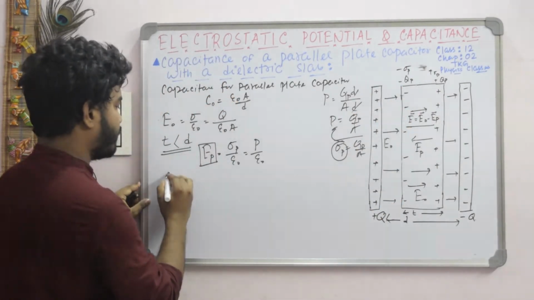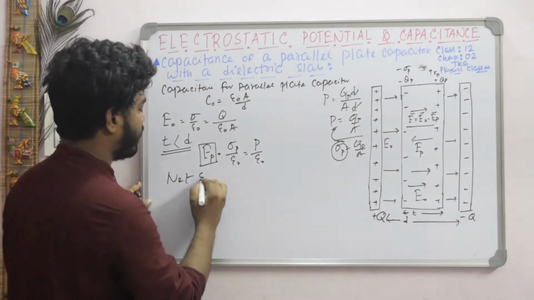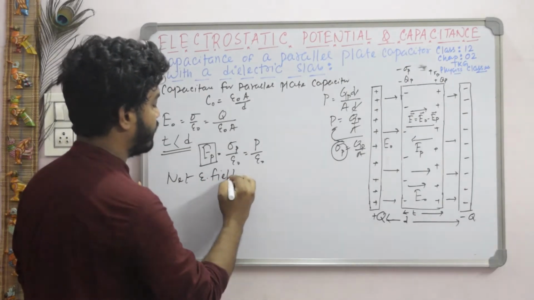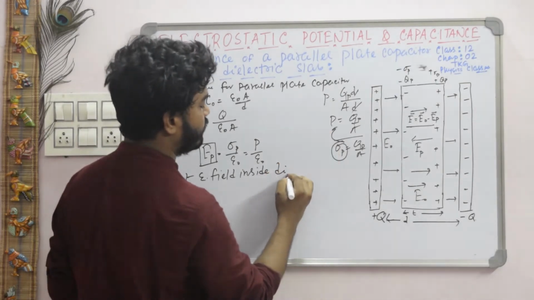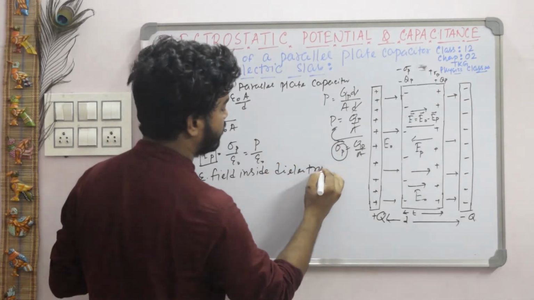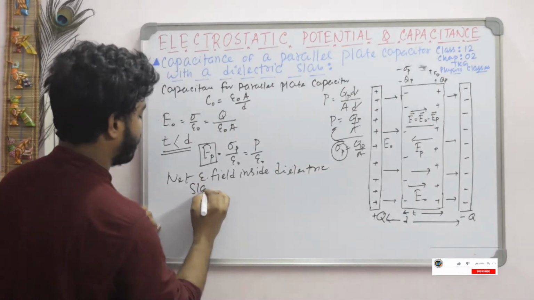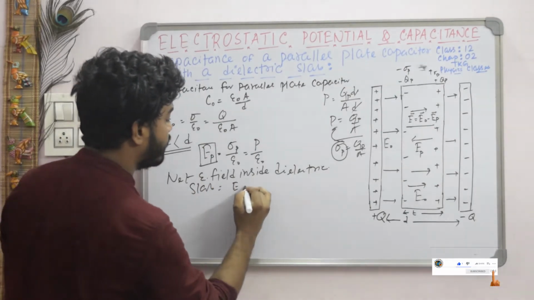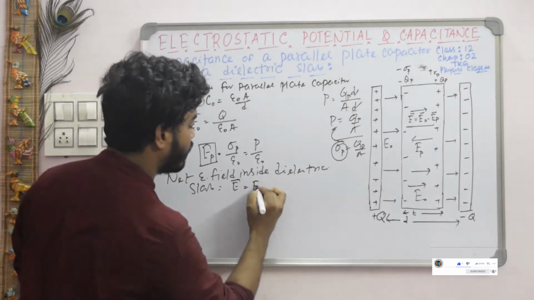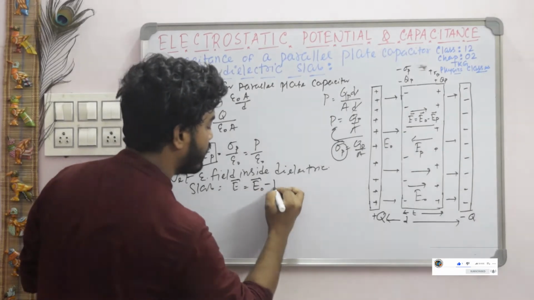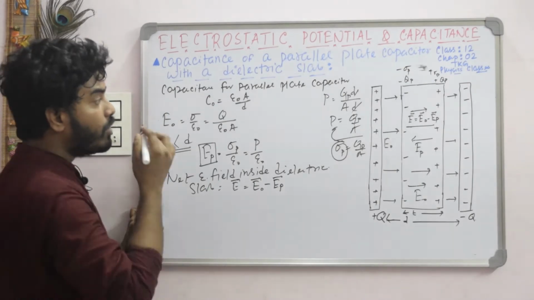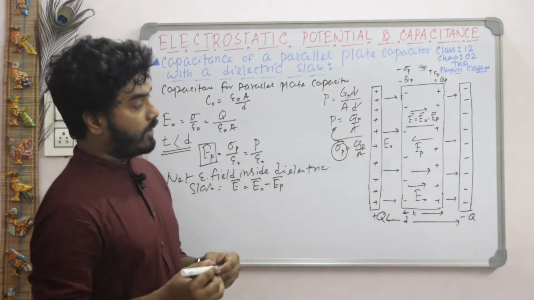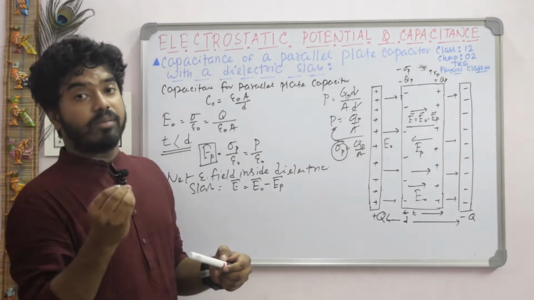So the net electric field inside the dielectric slab is E vector equal to E naught minus EP vector. Now you calculate the potential difference.